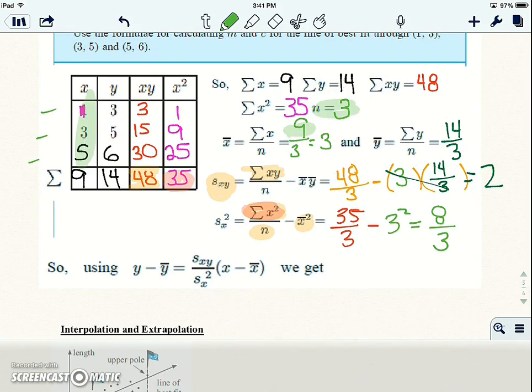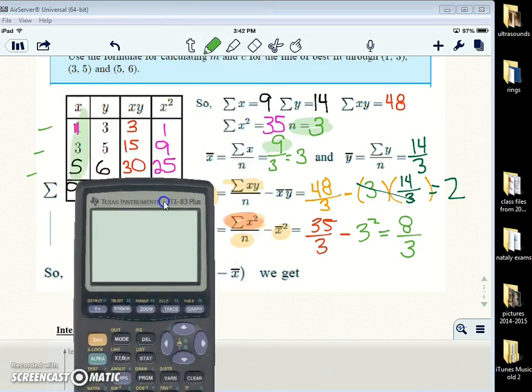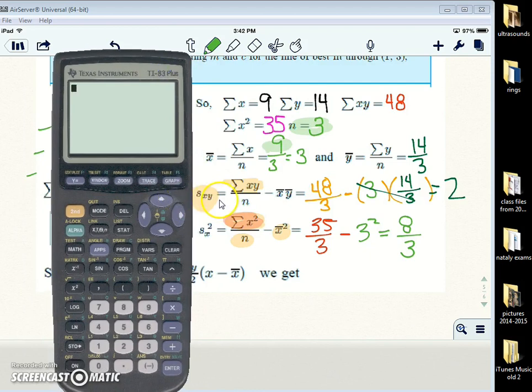So I actually want to show you how to do all of this in the calculator. Okay, and I guess not all of it, because I could show you how to put this part in the calculator, the columns, but more so I want to make sure you put this part in the calculator correct. So, okay, for the standard deviation of x times y, parenthesis, 48 divided by 3, and again you can do it by hand, but check yourself, minus 3 times 14 divided by 3.